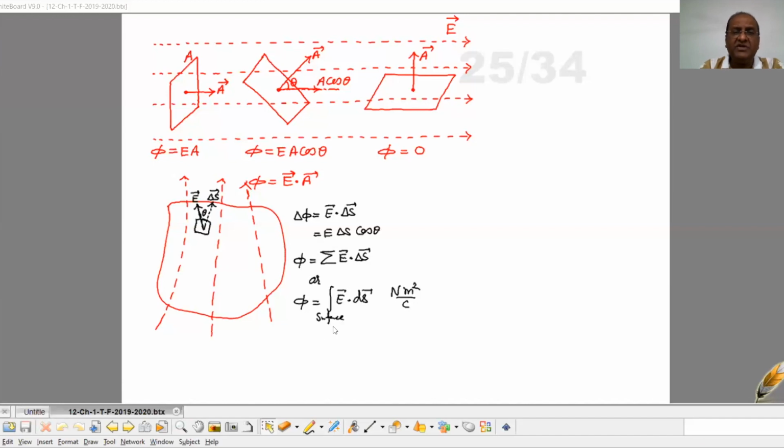So the integration over the surface of E dot dS is the total flux passing through the given surface. And here the unit will be Newton meter square per coulomb. So this is the concept of electric flux. Clear to all of you?